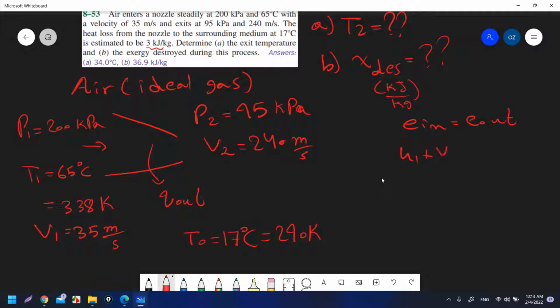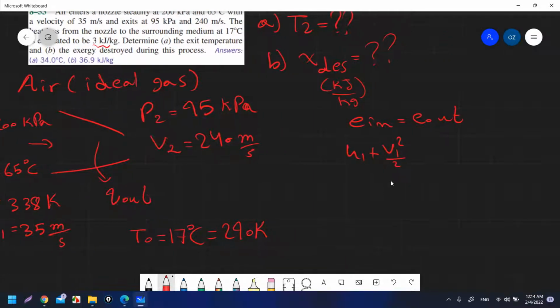I have also kinetic energy per unit mass, V1 squared over 2. Also, at the exit I will have H2 plus V2 squared over 2. And I have also the Q loss or heat loss, so it is Q out. Okay.